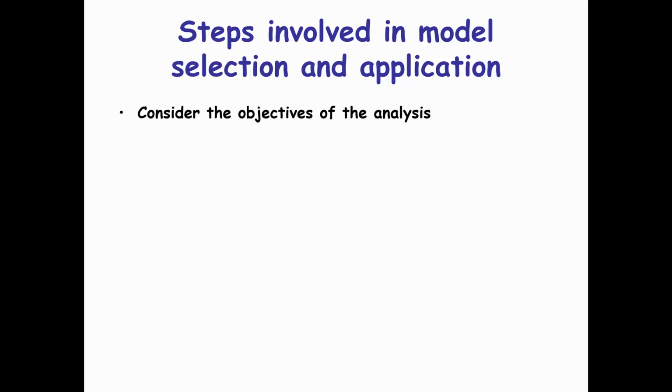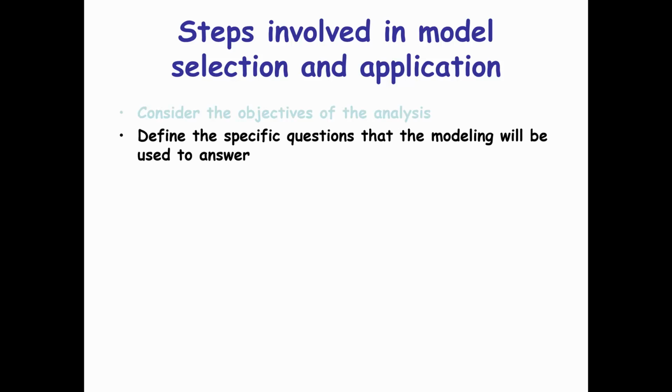So here are some steps involved in model selection and application. All right, so you need to consider the objectives of your analysis. What do you want to be able to accomplish? Define the questions that the modeling will be used to answer. Are you trying to figure out how much change in flow will occur, let's say as a result of land use changes that have occurred?